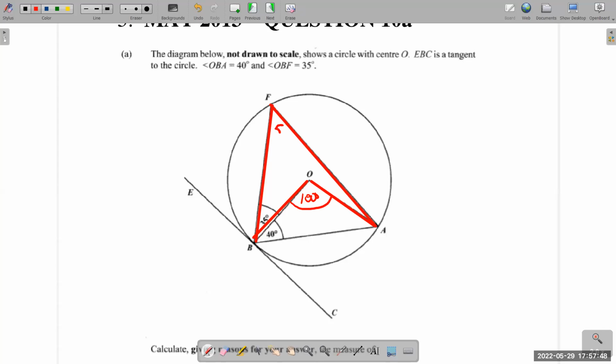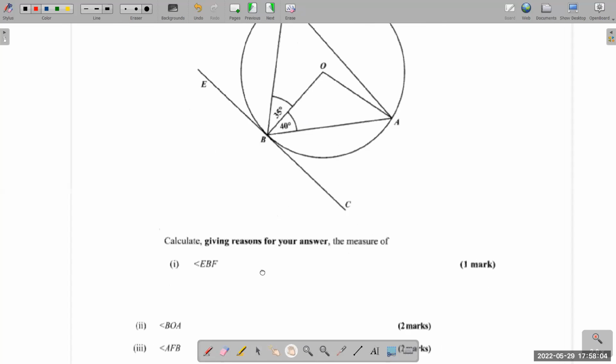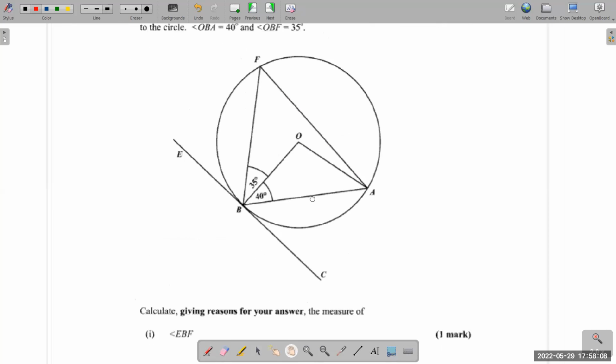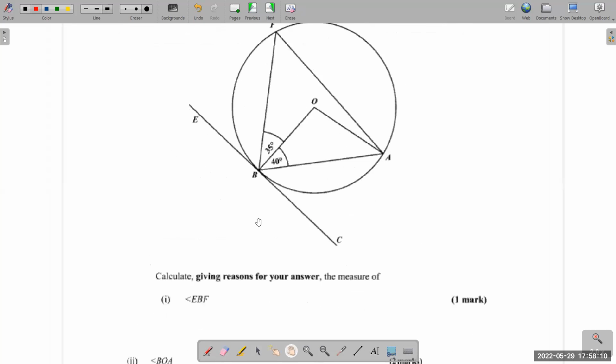Remember, it's going to be 50 because angle at the center is twice the angle at the circumference. Everybody see that? So look at how we just find all the missing angles without even looking at the questions. Everybody see how it's way easier than if you look at the questions and then you say, oh my God, where'd that be? What to do first? You prepare your mind for the question.